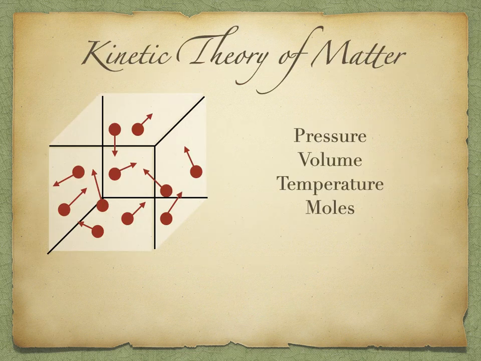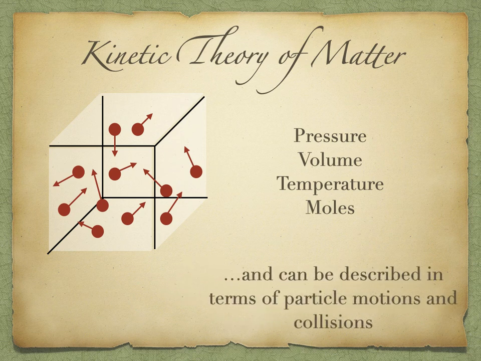And all of those things, again, boil down to the kinetic theory of matter, which says we have this list of properties that we are interested in measuring that describe the state of a gas. And they can all be described in terms of reference to their individual particles, in terms of motion and collisions.